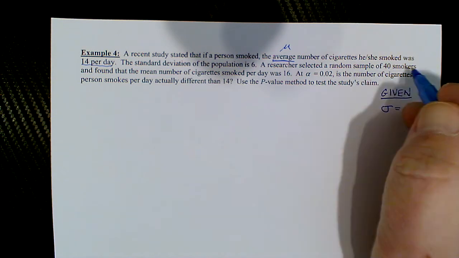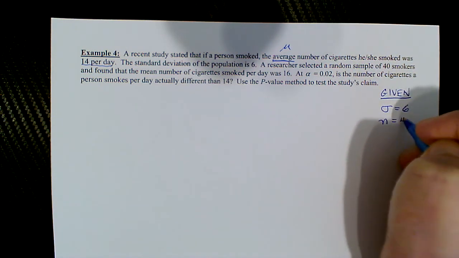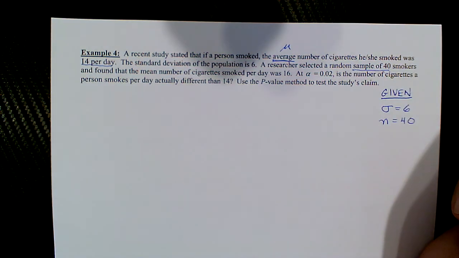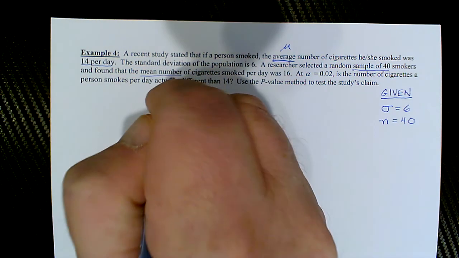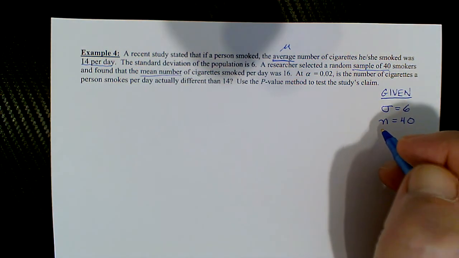The researcher went out and selected 40 smokers. That's the size of the sample, 40. And they found that their average, or their mean number, so that's the mean of the sample, was 16.